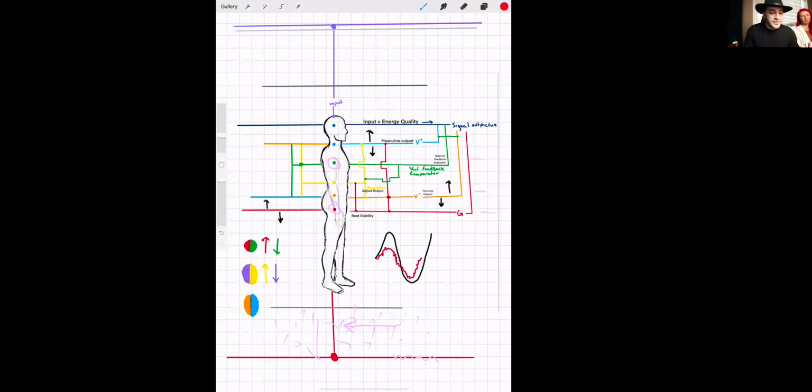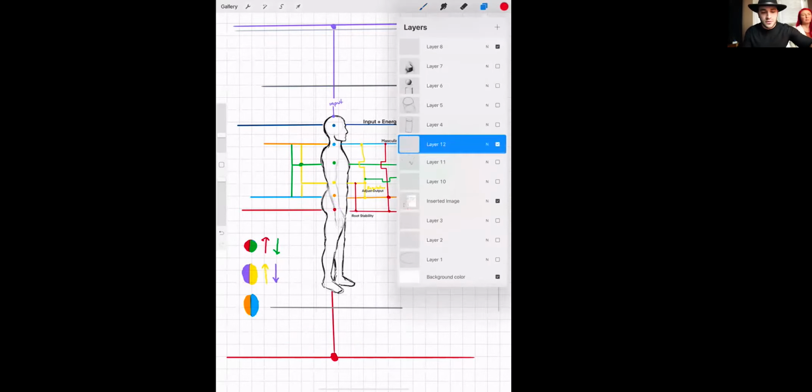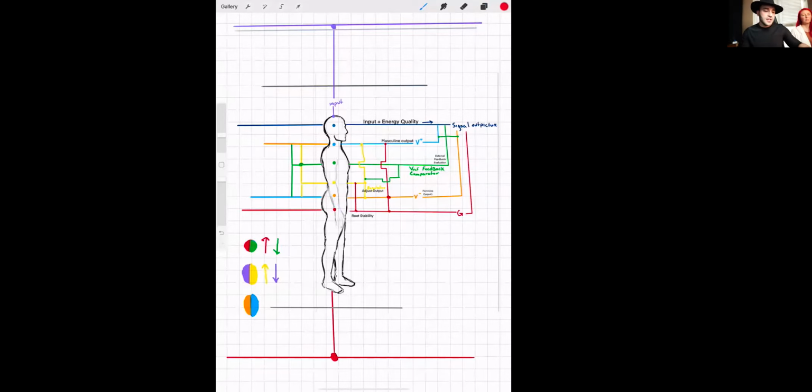One of the things that I was starting to piece together that I didn't quite get done is you'll see that the masculine output on this side is balanced by a feminine output on the other side of this circuit. The same thing goes for the bottom. You have both of those balancing on either side. What I should have done for the yellow here is I think this should actually be violet.